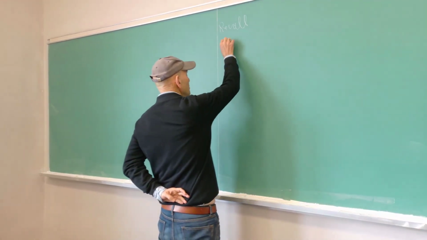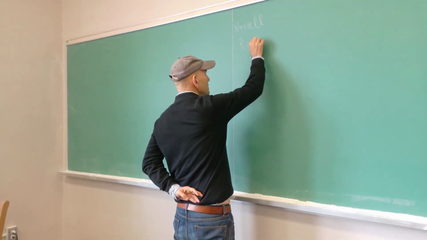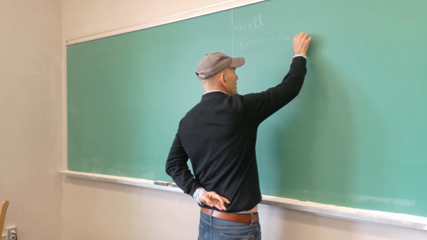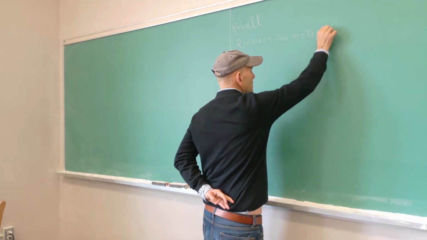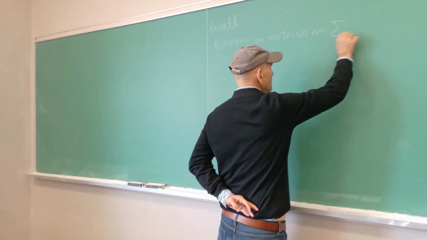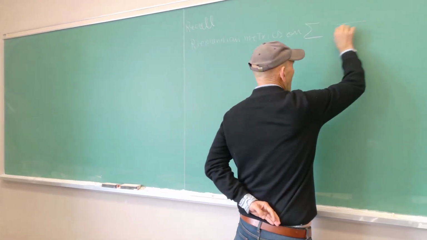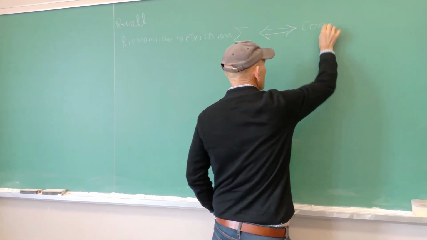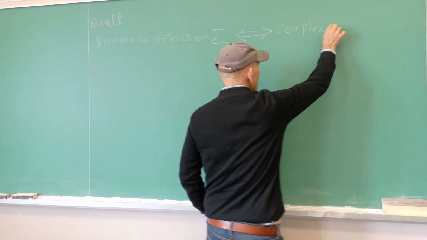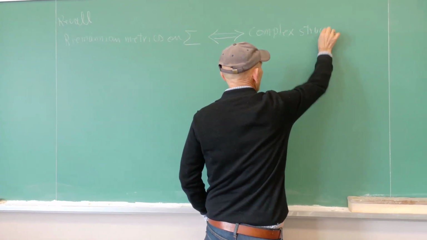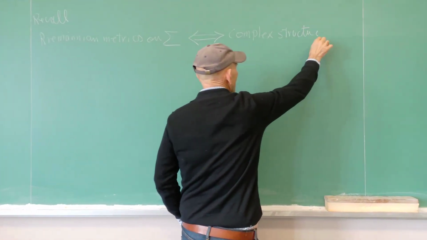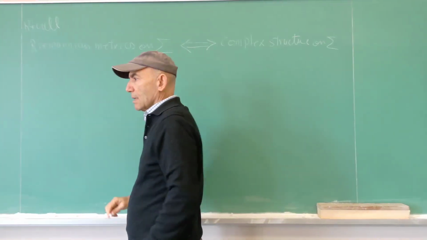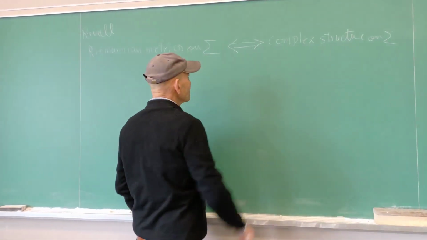So basically, we wanted to see this correspondence: Riemannian metrics on sigma, how to get a complex structure on sigma, and more or less back and forth.